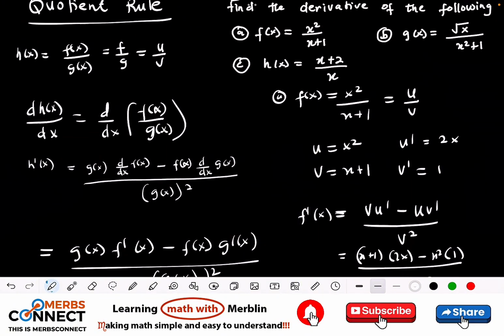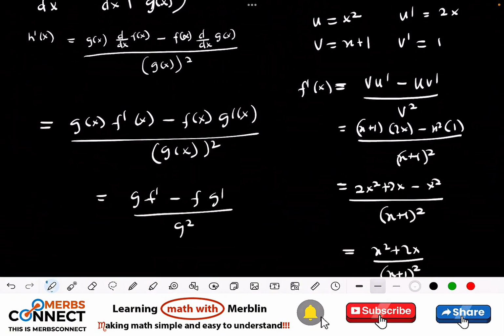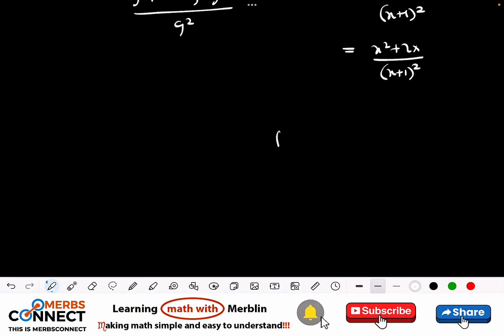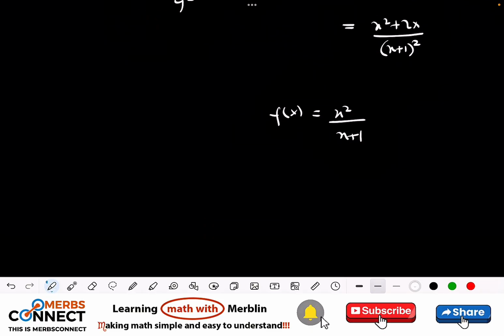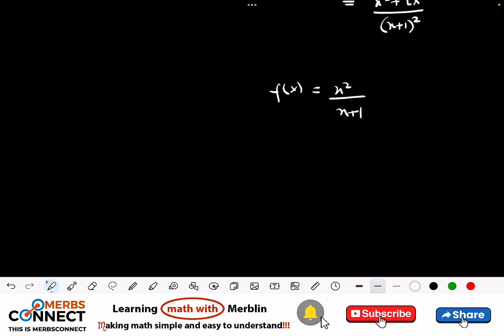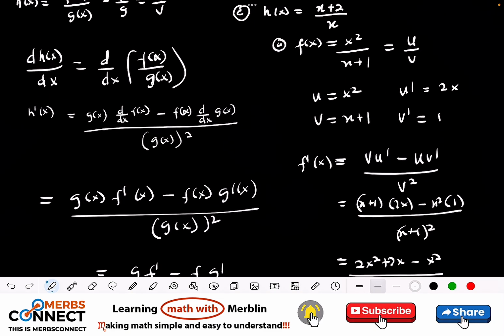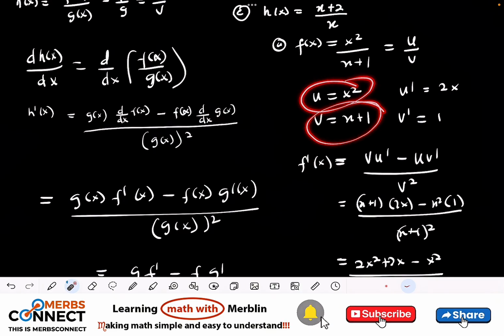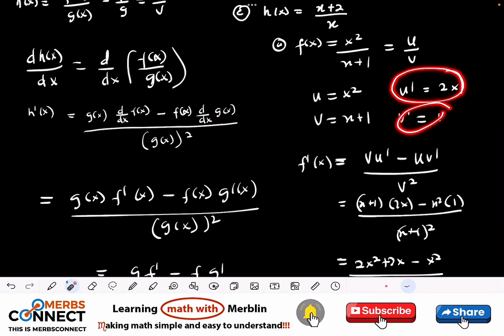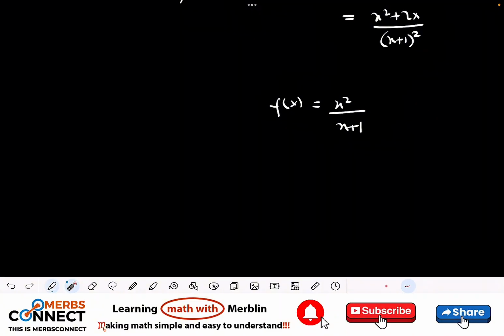Now, somebody will be very good and just watch the function like we having f of x equals x squared divided by x plus 1, and say that, okay, I'm very good to the extent that I don't need to choose my u and v and look for this and this, but I'll just start out the equation and just write f prime of x is equal to maintain the denominator, differentiate the top, right?